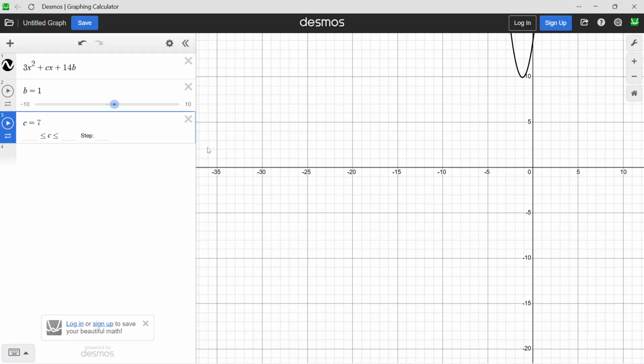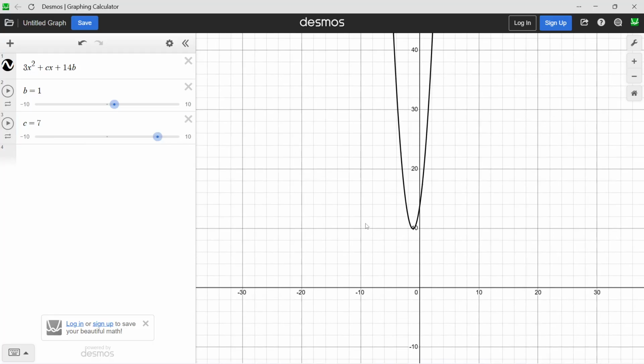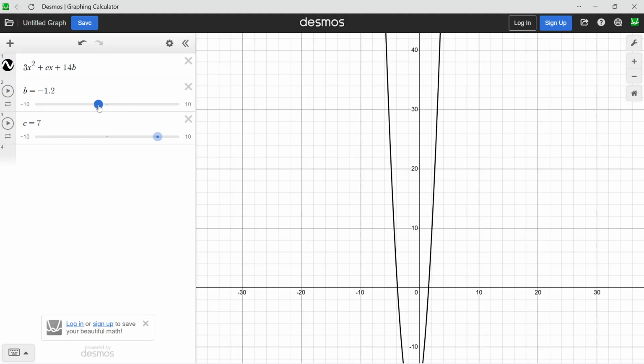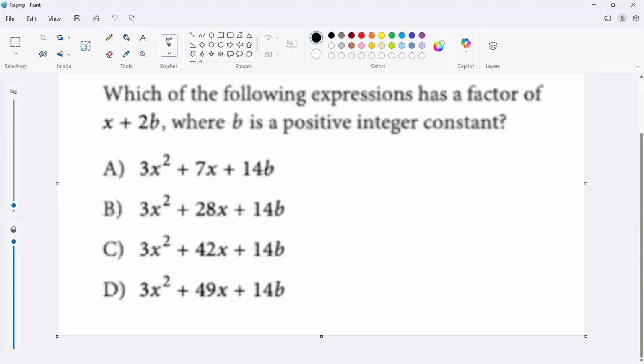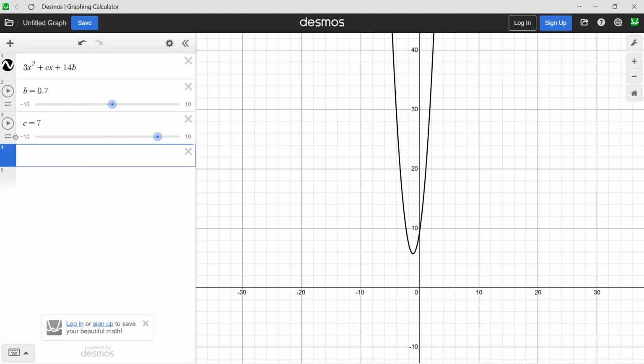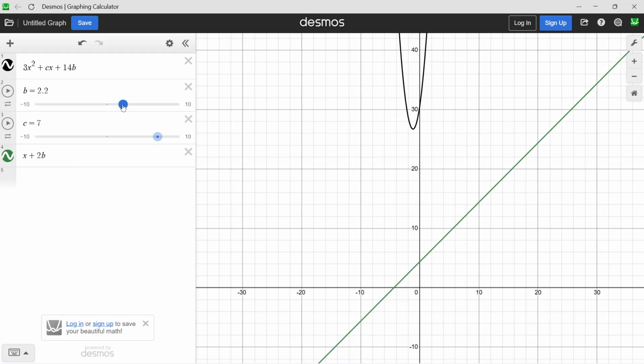Then you see I've got my function there. I forgot the x plus 2b, so now I put x plus 2b, and they should touch at the x-axis when b is some positive number.